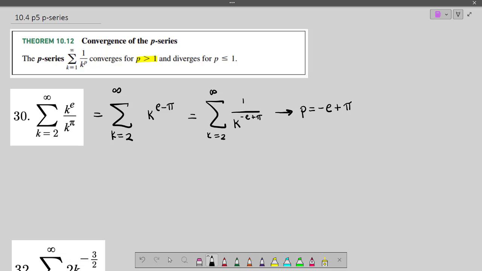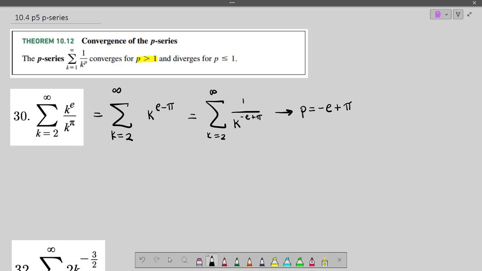So we have to decide, is this bigger than 1 or less than 1? Is 3.1 minus 2.7 bigger than 1? If you need your calculator, e is 2.7-ish and pi is 3.1-ish, so it's about 0.4-ish.